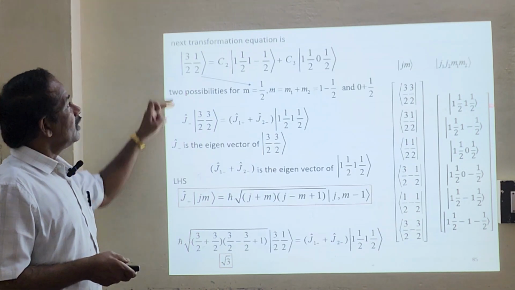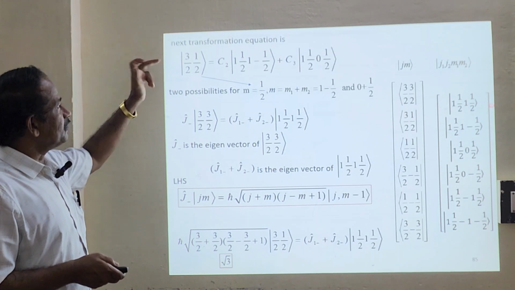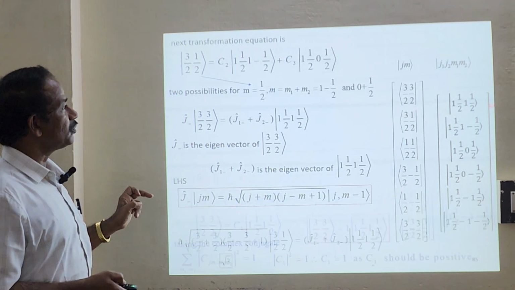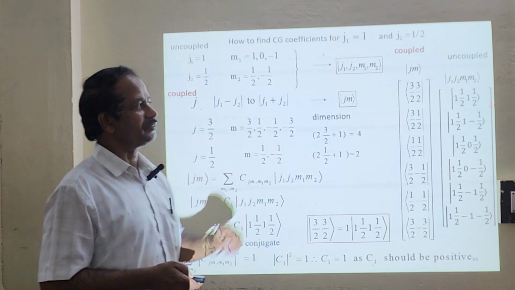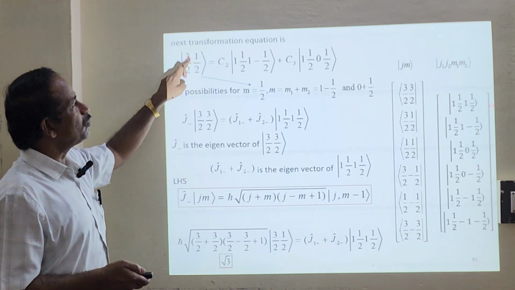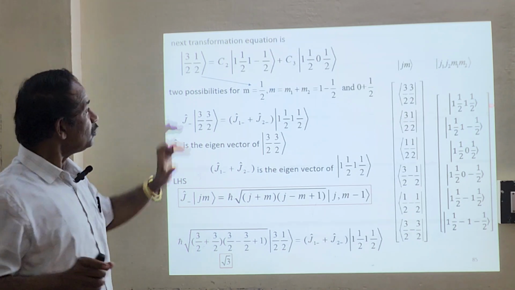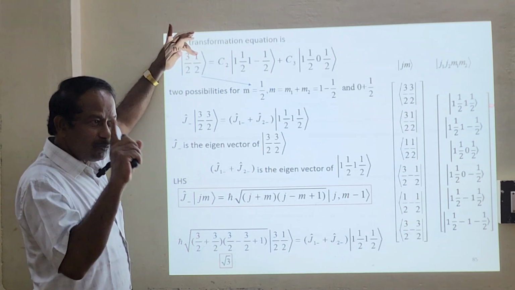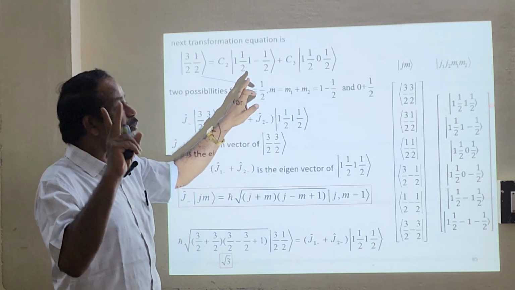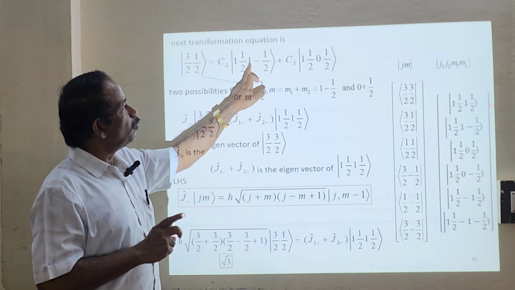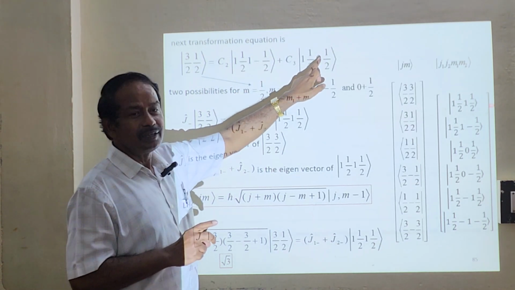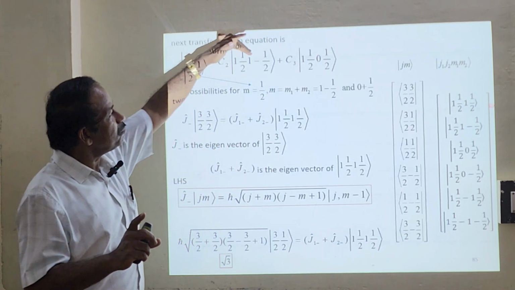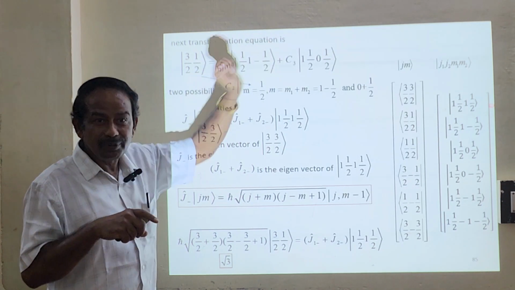Now we will go for the next one. Next one is 3/2, 1/2. Now to have M equal to 1/2, come on, listen to me, we can have two possibilities: 1, -1/2 or 0, 1/2.